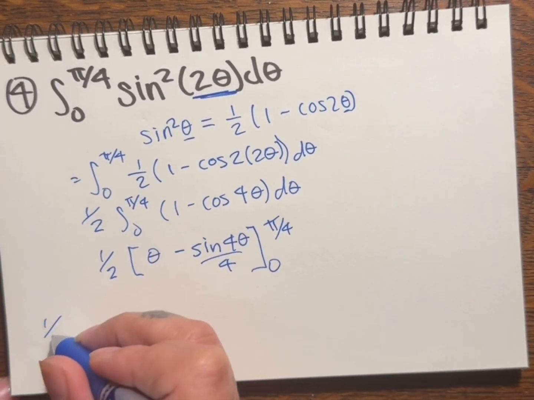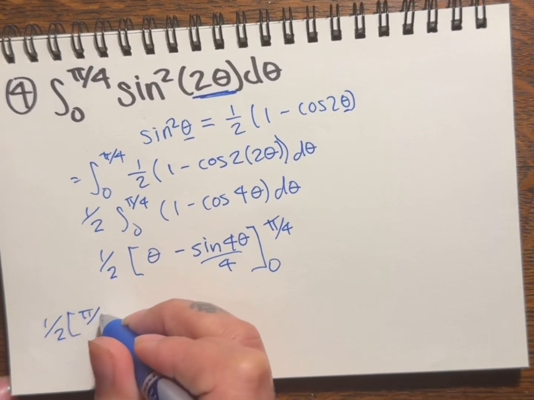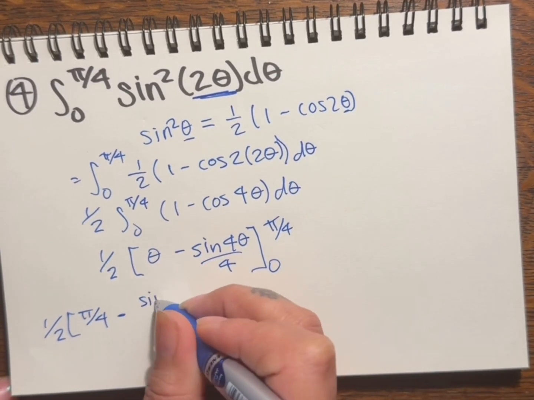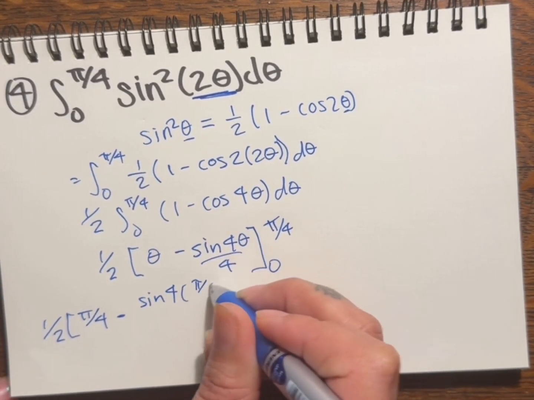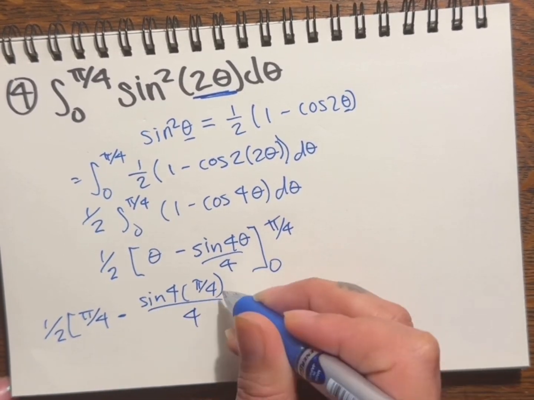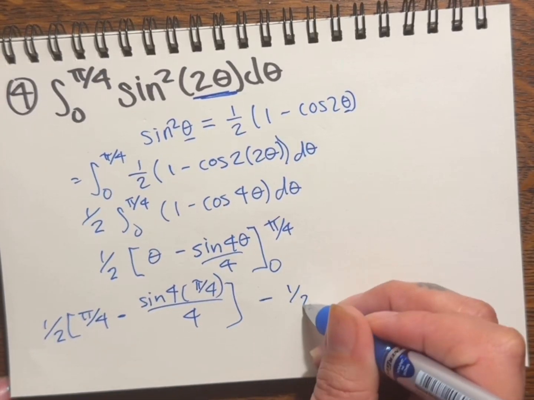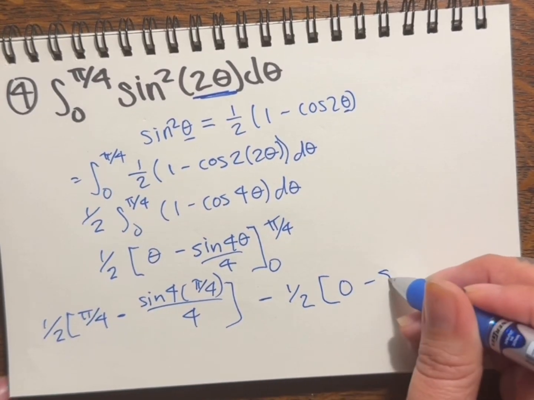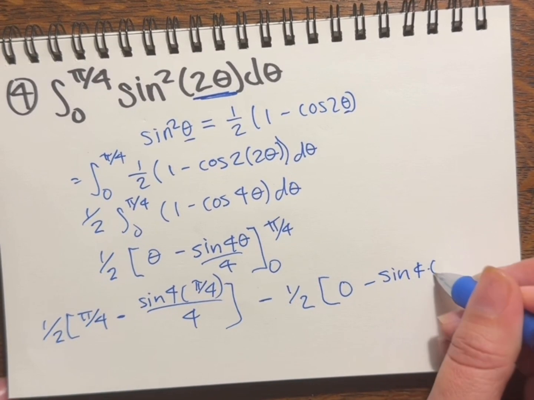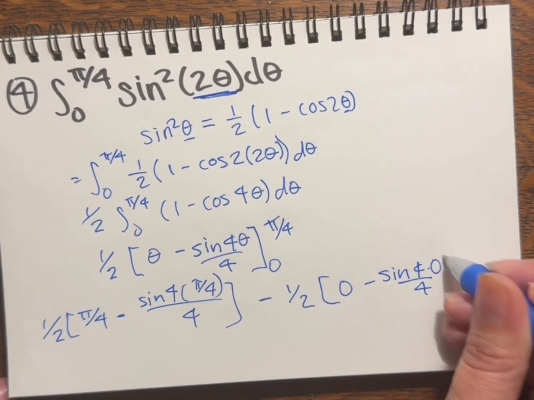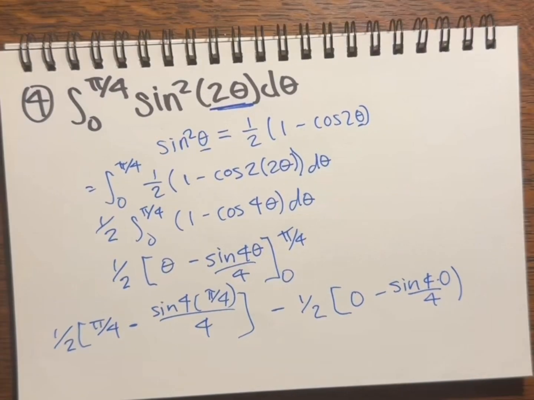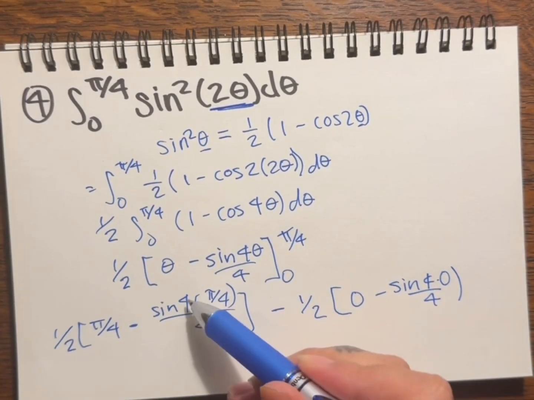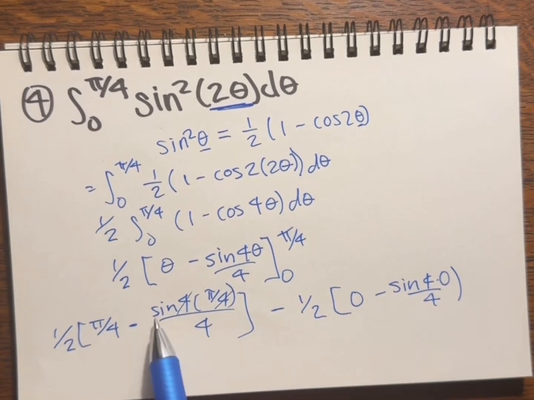Okay, so this is going to be 1/2 times pi over 4 minus sine 4 times pi over 4 over 4, minus 1/2 times 0 minus sine 4 times 0 over 4. Okay, so now here the 4 and the 4 are going to cancel, so we're left with sine pi.